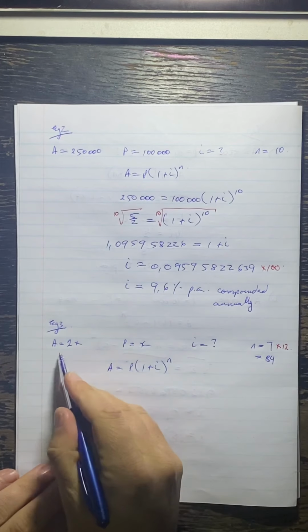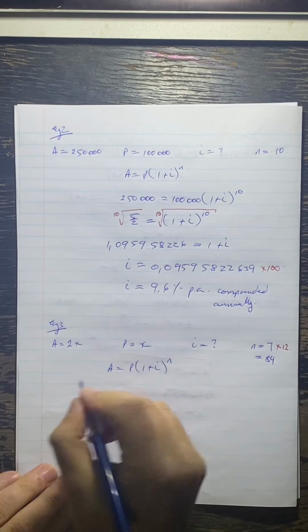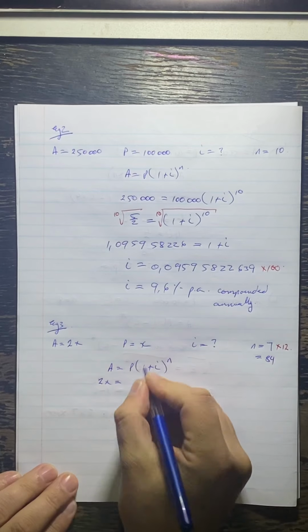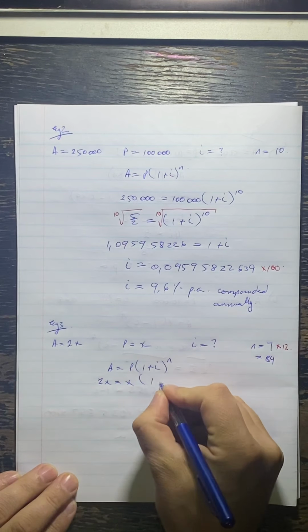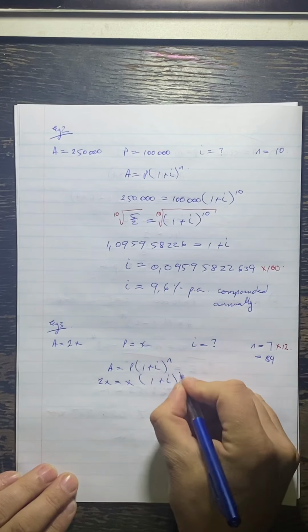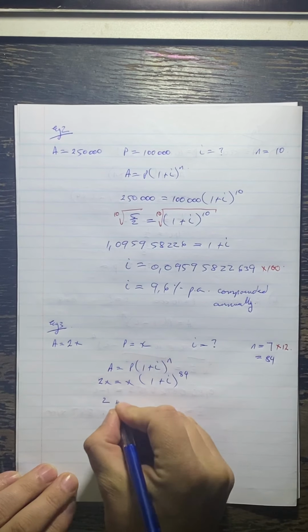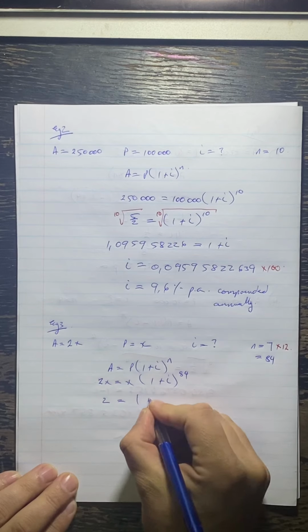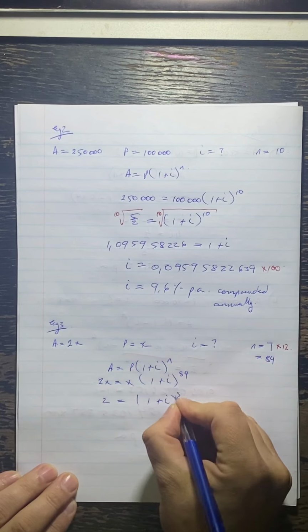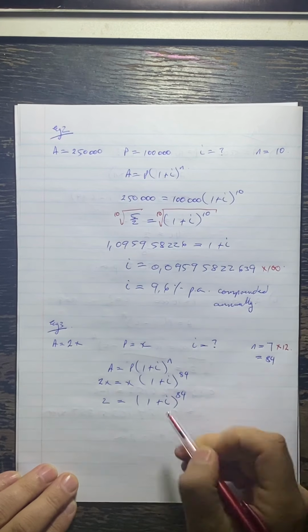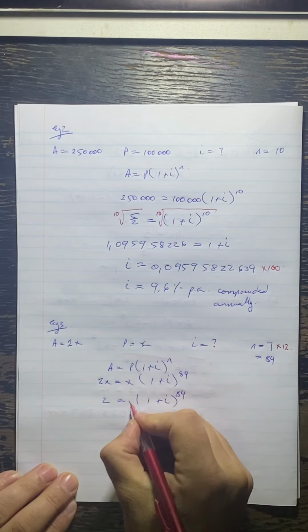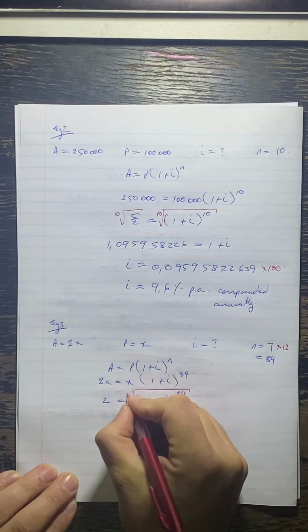Okay, so here our accumulated amount is 2x equals, our principal is x, 1 plus I to the power of 84. Divide both sides by x, and we're left with 2 is equal to 1 plus I to the power of 84. We need to get the I on its own, so I need to take the 84th root.